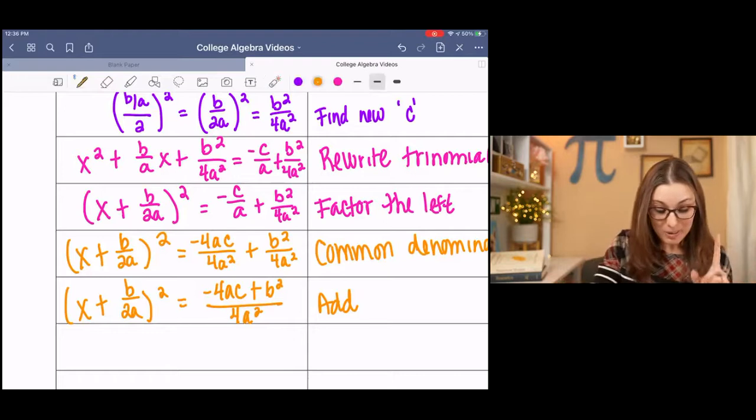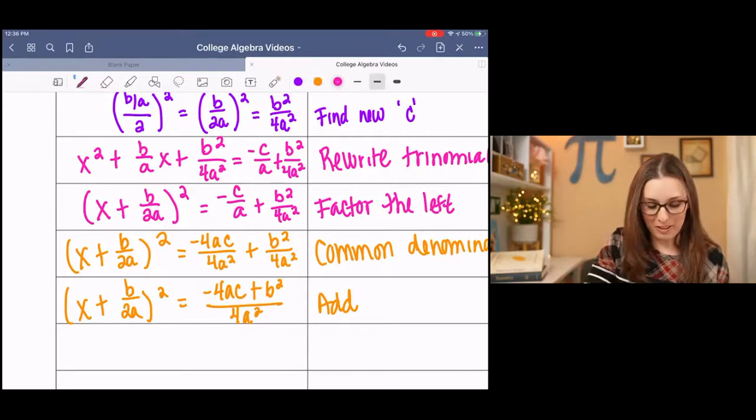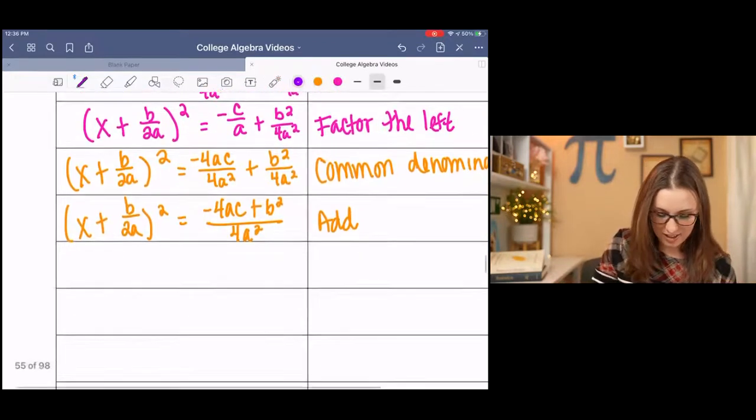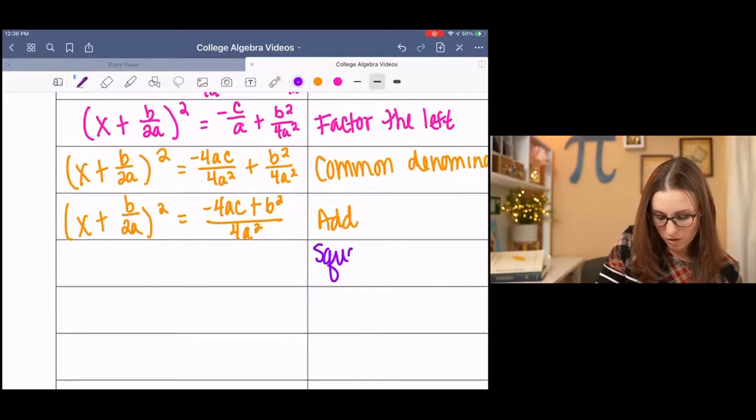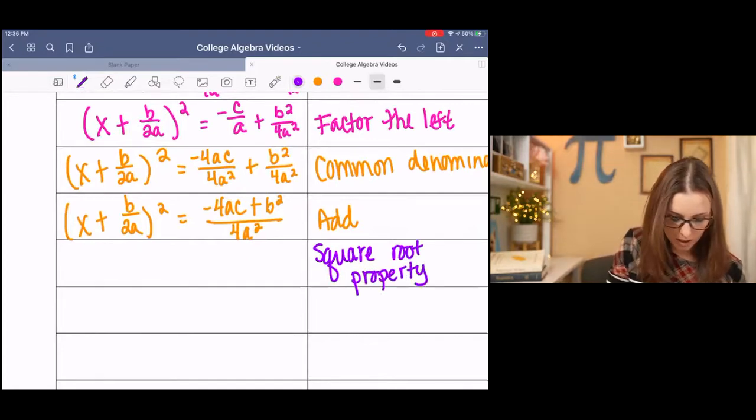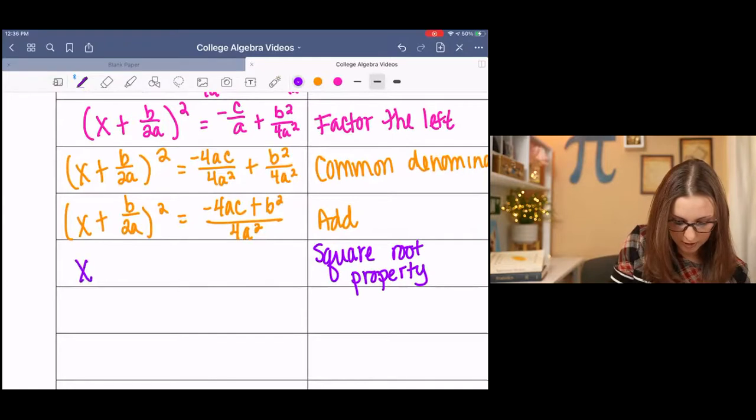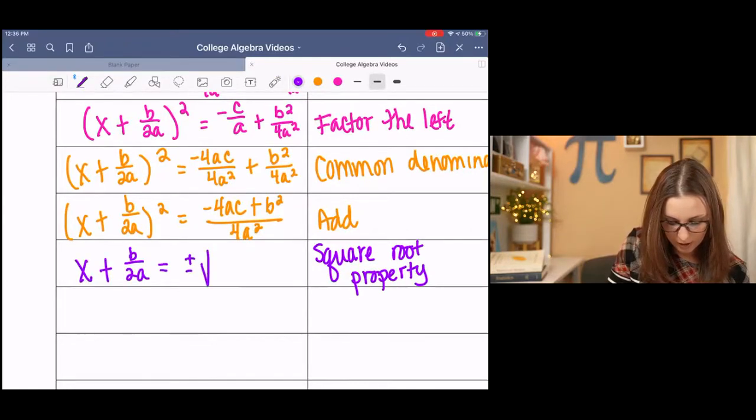It should start looking a little bit clear to you. I just love this. Square root property. So we square root both sides, and this gets to come out. And then we have the square root of this.